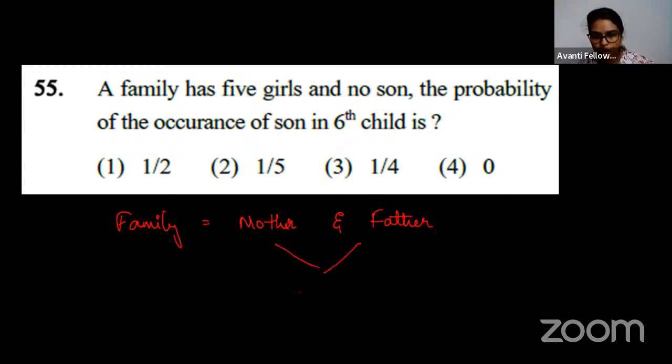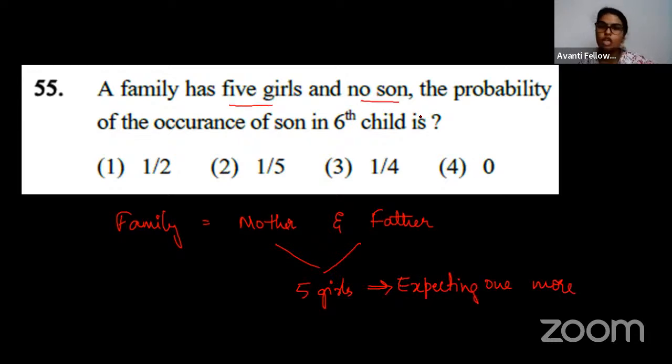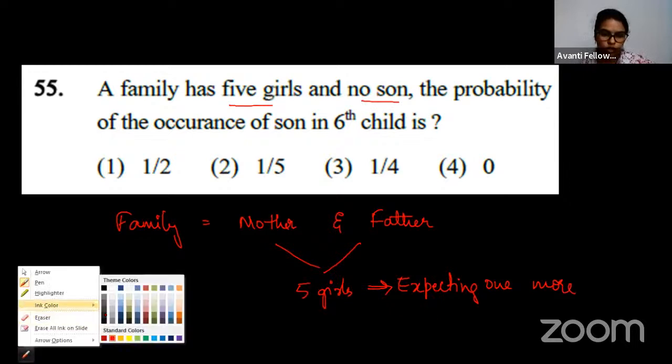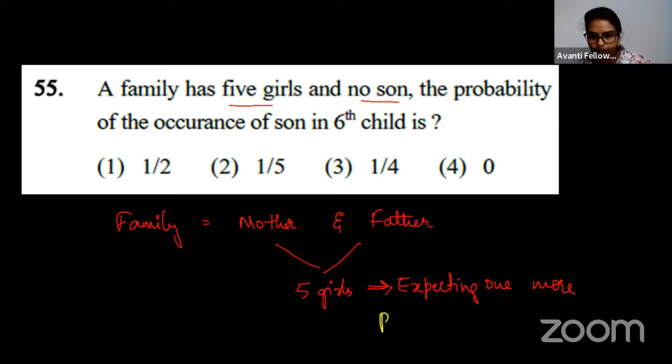They have 5 girls and they are expecting 1 more. So what the question says, family has 5 girls and no son. So what is the probability of son?